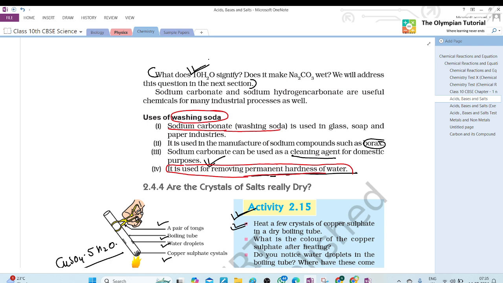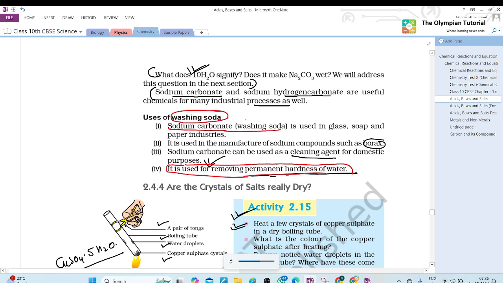We will address this question in the next section. It does not wet the washing soda. If not, then what it signifies we will study in the next section. No need to write this one. These are only saying sodium carbonate and sodium hydrogen carbonate are useful chemicals for many industrial processes as well.